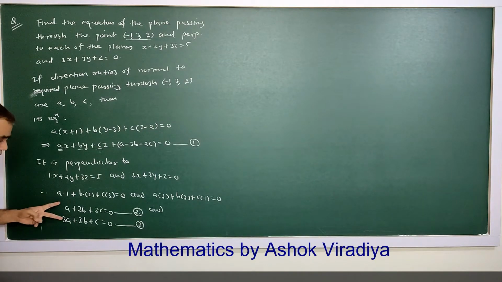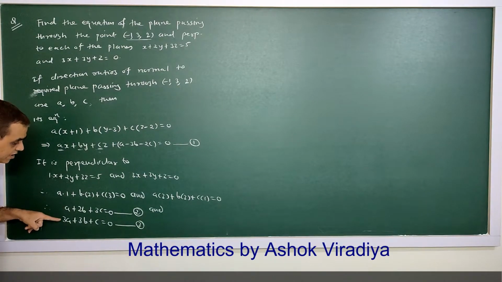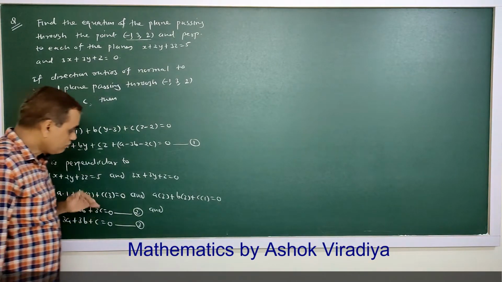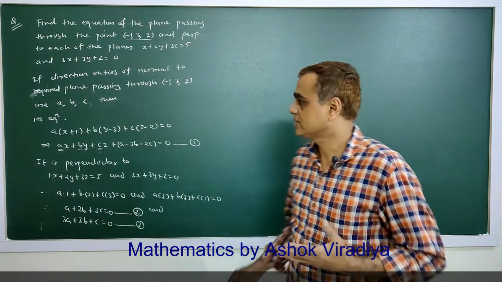Now we solve these equations to get the values of small a and small b. So I am multiplying equation 2 by 3 and then I will subtract equation 3. So we solve equations 2 and 3.